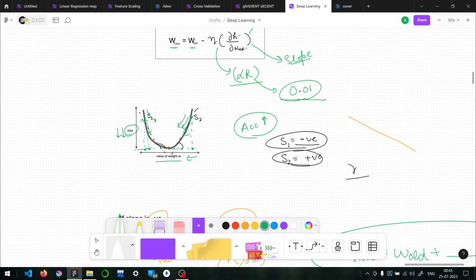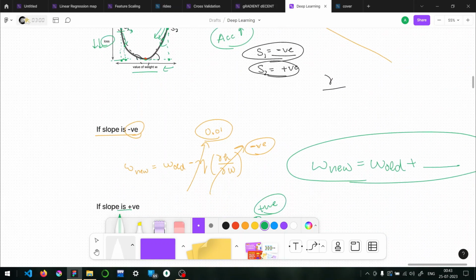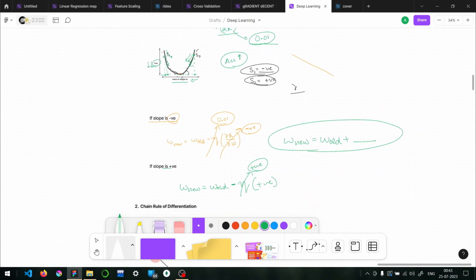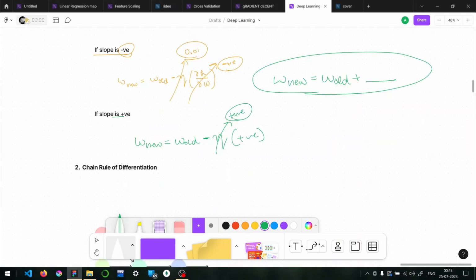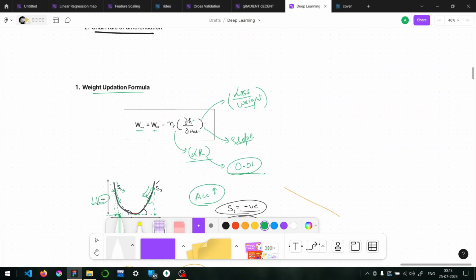So this is backpropagation, and this is the weight updation formula for the positive and the negative slope. You have to learn this weight updation formula, and you can derive the result for whatever scenario you want. W new is equal to W old minus the learning rate times the partial derivative of the loss function with respect to its weight.